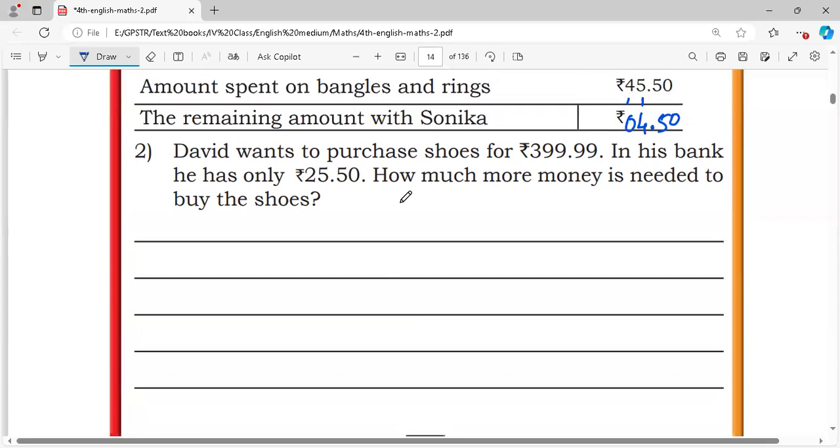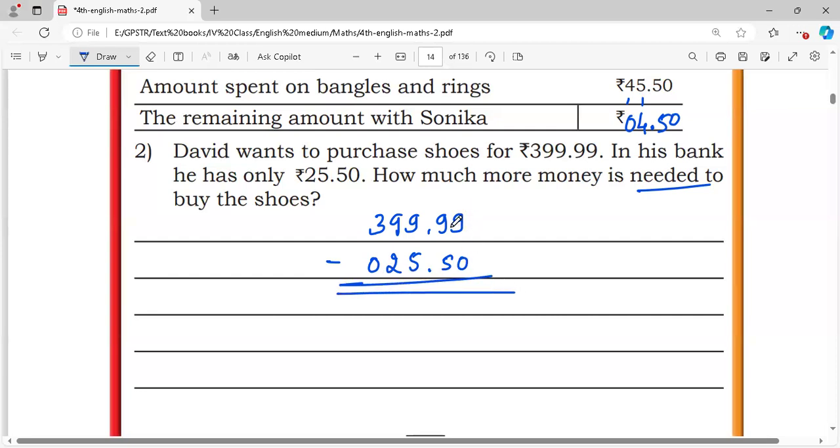David wants to purchase shoes for 399 rupees 99 paise. In his bank, he has only 25 rupees 50 paise. How much more money is needed to buy the shoes? Shoe rate is 399 rupees 99 paise. He has only 25 rupees 50 paise.